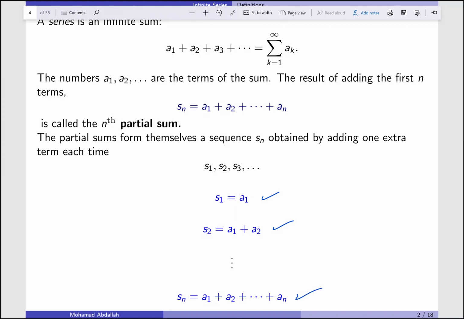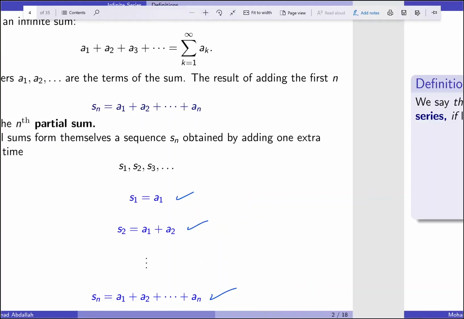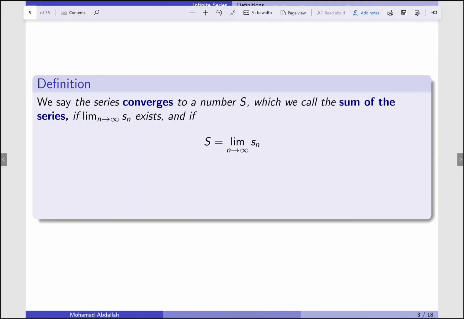Sn is a1 plus a2 up to an. The S1, S2, S3, Sn, they form also a sequence. The partial sums themselves are a sequence of the sums of the sequence a1 through an.